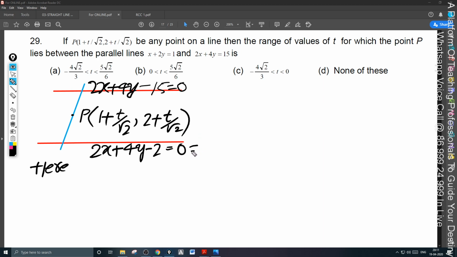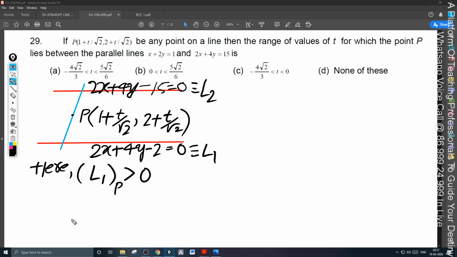Let me say this as L1. Let me say this as L2. Here, your L1 at P should be greater than 0, above that.